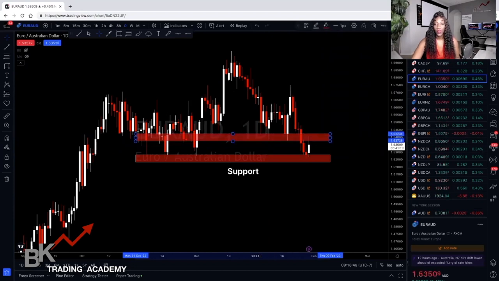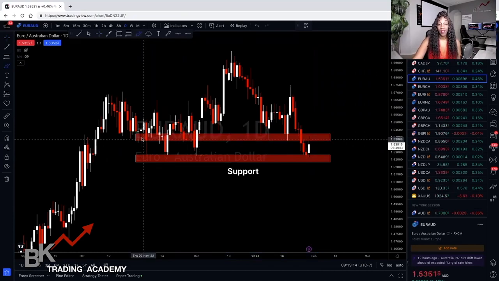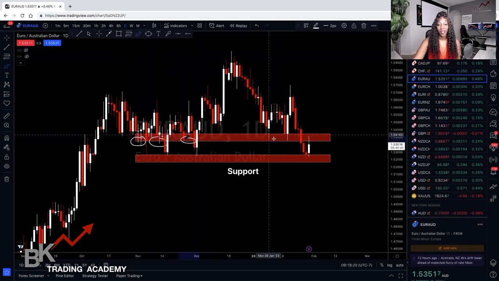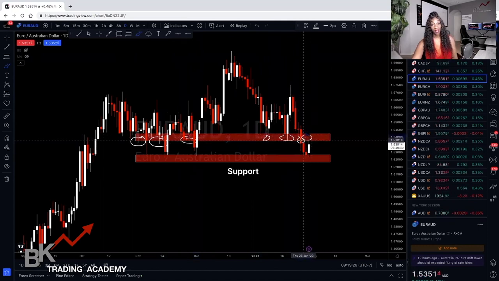Remember, when you're looking for support and resistance, you want to find areas where there was a cluster of support and also resistance, because those are the areas where the market is most likely to reverse and turn around. So notice here, it was support, support, support a number of times, then it was resistance, and now it is rejecting off of this area as resistance.